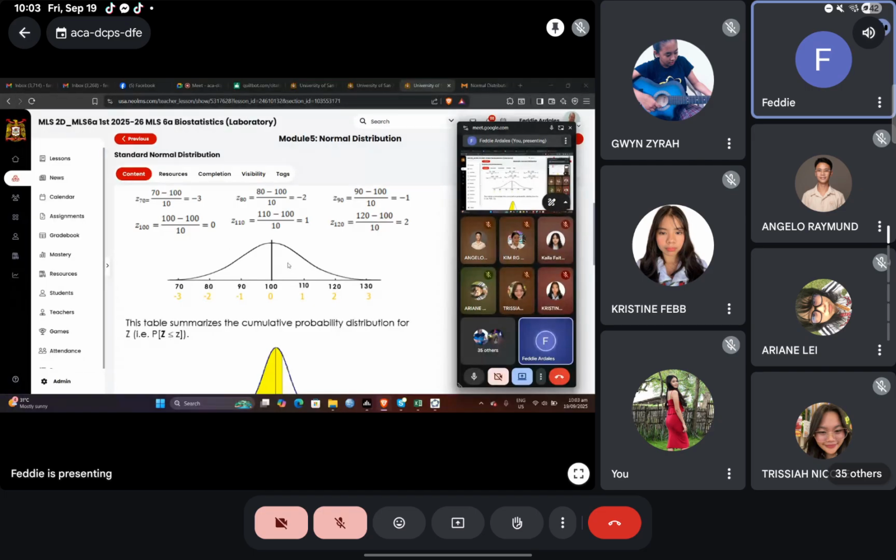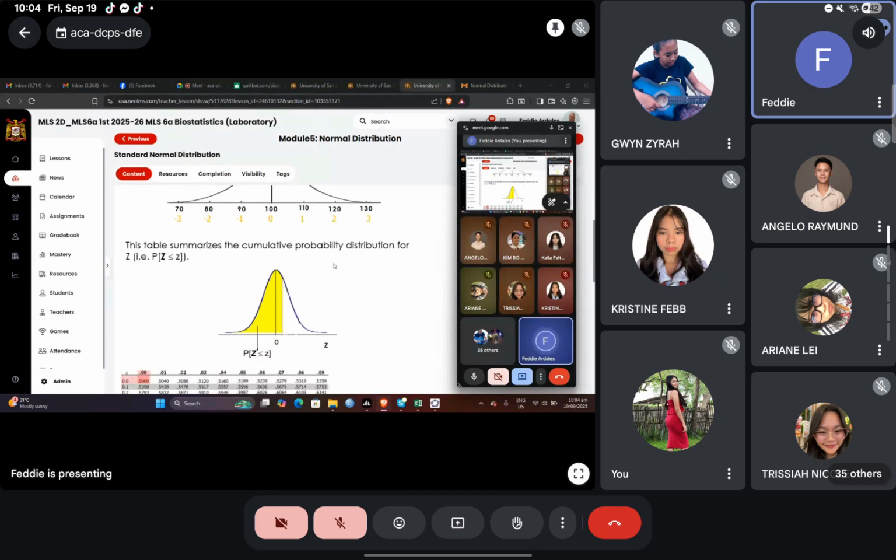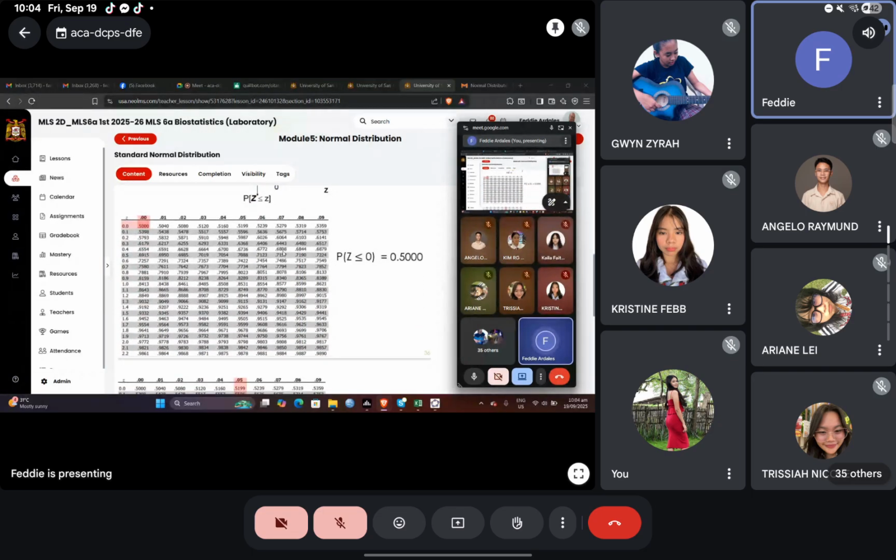In computing the areas under this standard normal distribution, we have what we call the z-values. Later on, I'll be showing you different tables. So this is the table for z-score. Once you have translated the random variable into a z-score, then you can find the area.